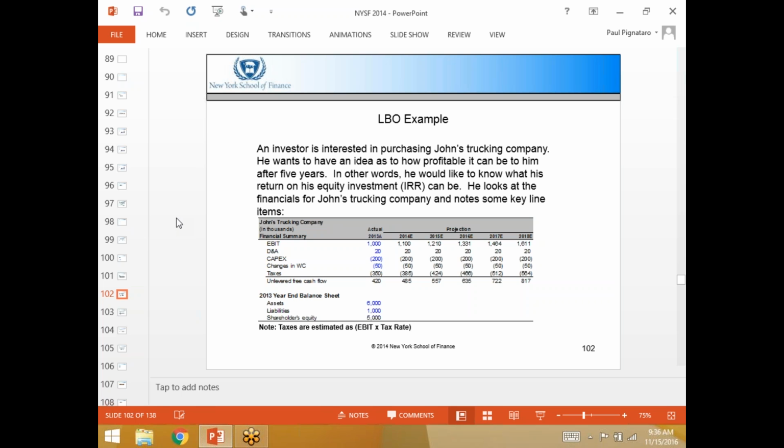I have the interest. Okay, how do we find out the interest? The debt's raised. That would be interest. 9% times 1 minus tax, 35%, times 5 years.